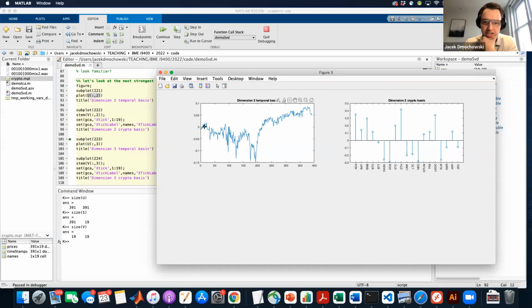And so what we see here is that whatever this motif corresponds to, currencies were going down in value and then started going back up. So something definitely happened at this point in time.